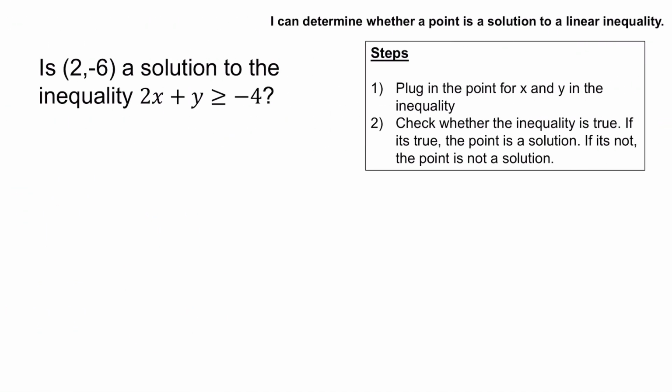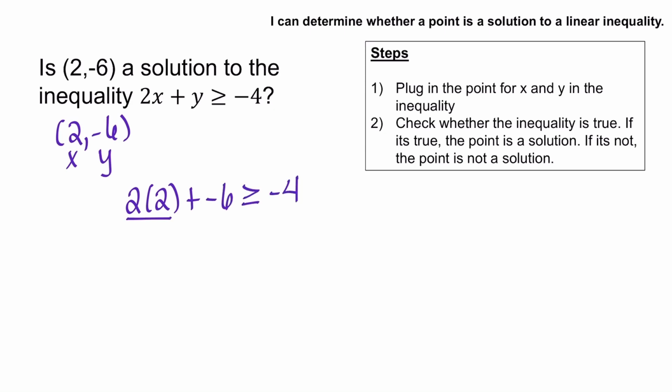So let's try this problem. Is (2, -6) a solution to the linear inequality 2x + y ≥ -4? Once again, (2, -6) gives me an x and y value that I need to plug into this inequality. When I plug that in, I get 2 times 2 + -6 ≥ -4. 2 times 2 is 4.